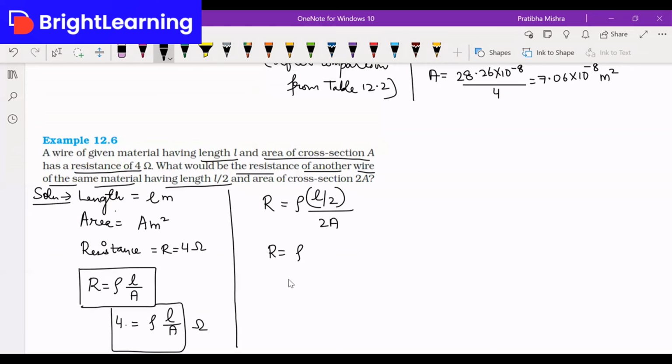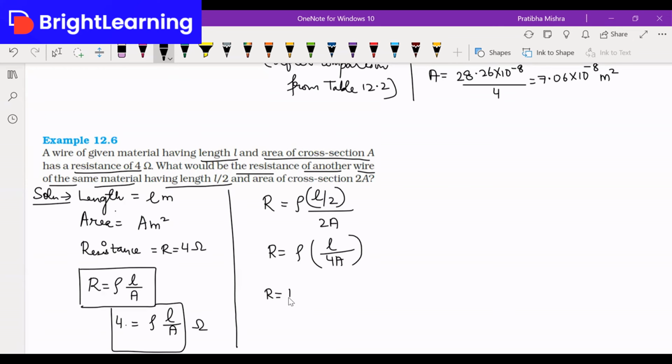Okay, rho will remain the same. So we'll see what we will get. L divided by, this 2 will come down in the denominator, it will become 4A, right? So now this 4 can go to the other side. Can it? Let me tell you what you can do. Don't take 4 to the other side because you have to find resistance.